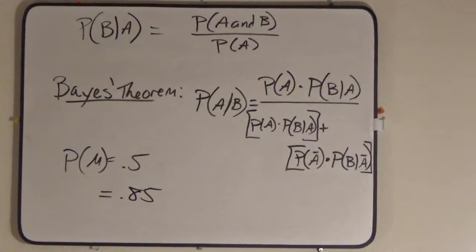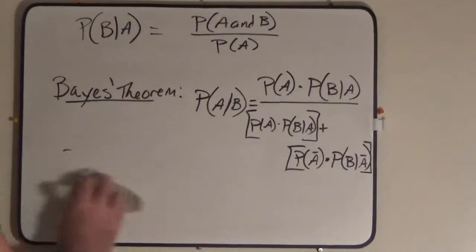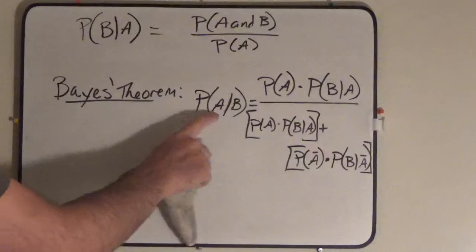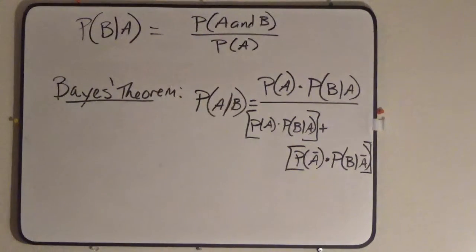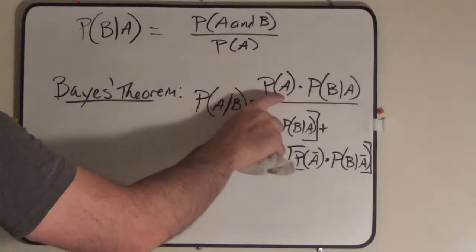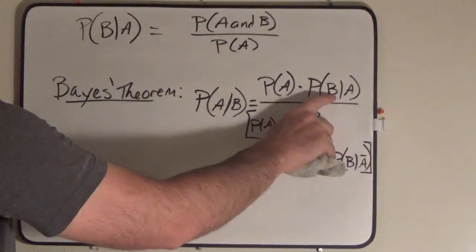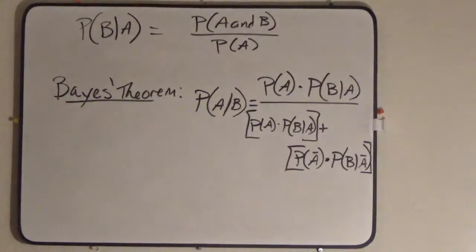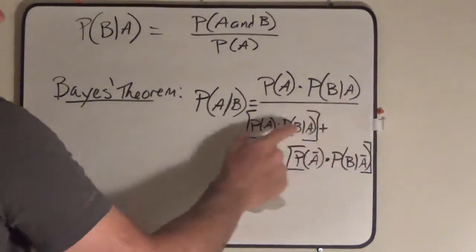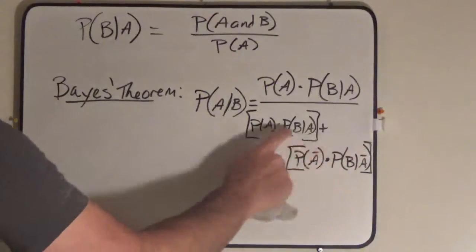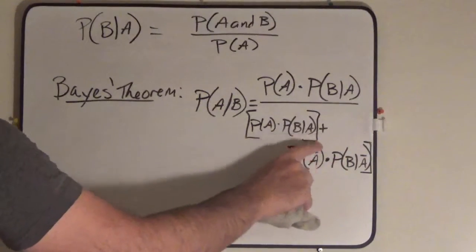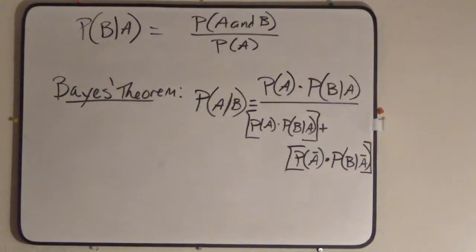Now, let me explain to you Bayes' theorem, the formula. This is the probability of A knowing B happened. It's the probability of A times the probability of B knowing A occurred, all divided by, and this should all be underneath here, guys, but I didn't have room, so I put a plus here and then put the additional information.